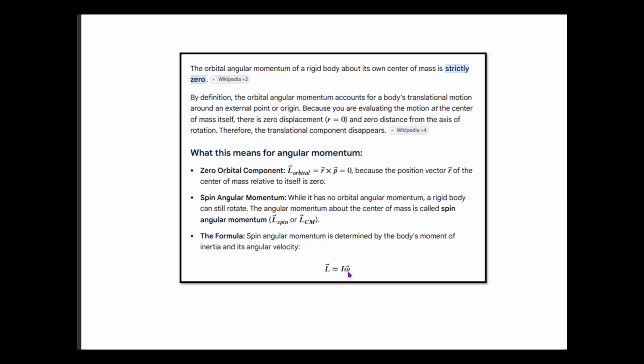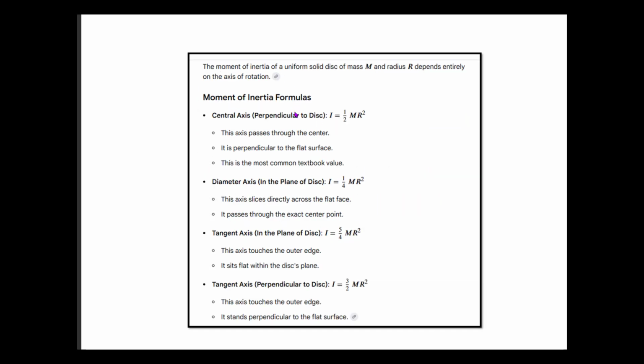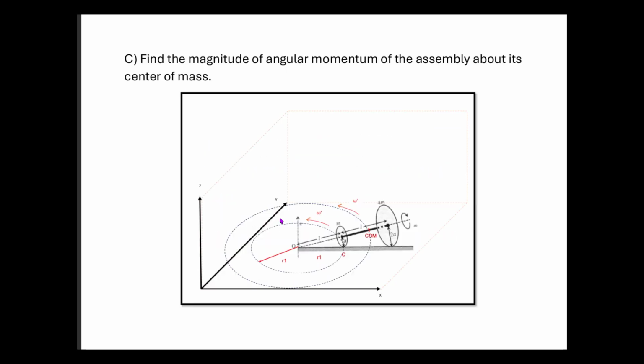The moment of inertia of this disk about its center is the same as the moment of inertia about the center of mass, because they have the same central axis.